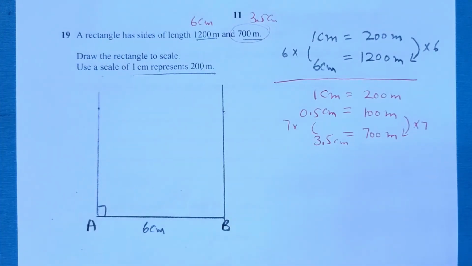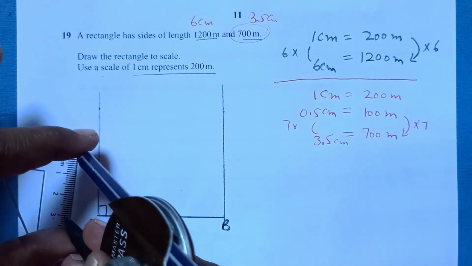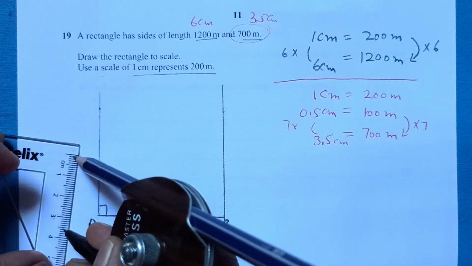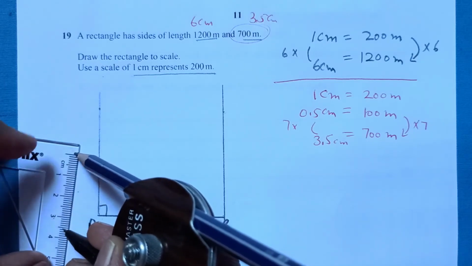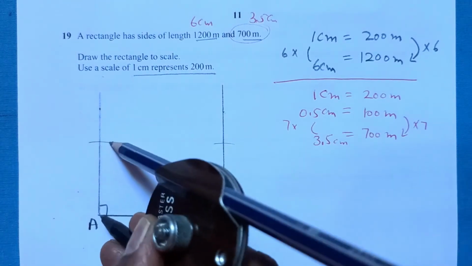Now we need this length 3.5. So we will measure 3.5 from here, one arc, another arc.